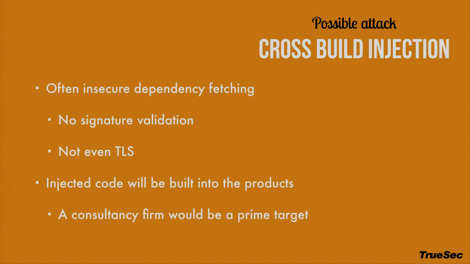And a prime target of that would of course be a consultancy firm where you have multiple clients. You can just inject code into some build server at the consultancy firm and get that spread to a lot of people. Yeah, so use signature validation and TLS.